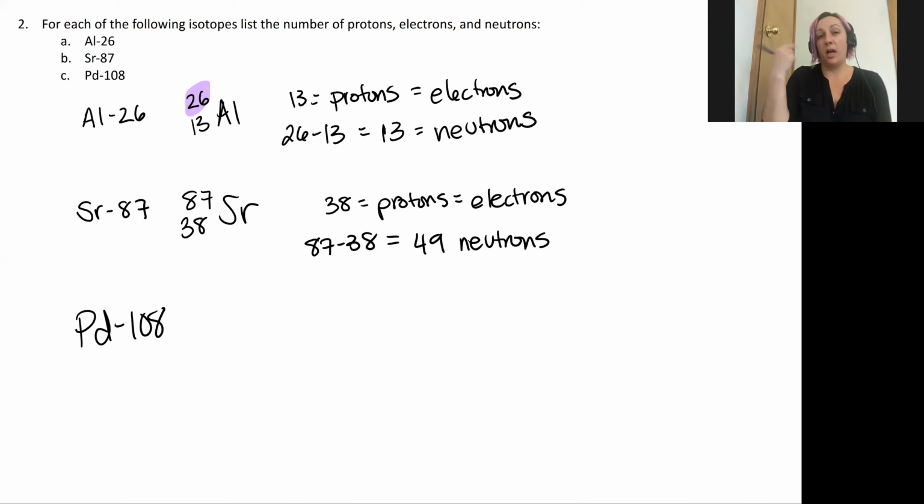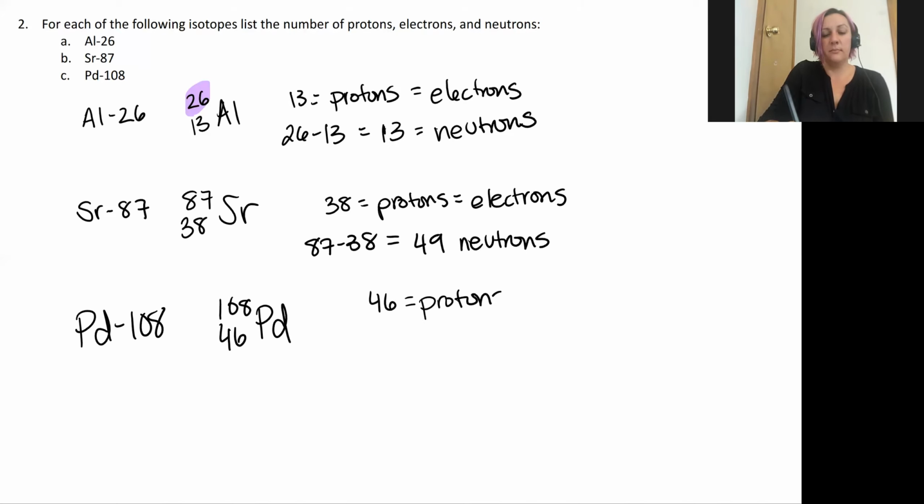So I run to the periodic table, I find Pd on it, it's in the transition metals, and I can see that it has an atomic number of 46. So I could rewrite this as an isotope symbol this way. So I have 46 protons and 46 electrons. And I have 108 minus 46 neutrons, which is equal to 62.